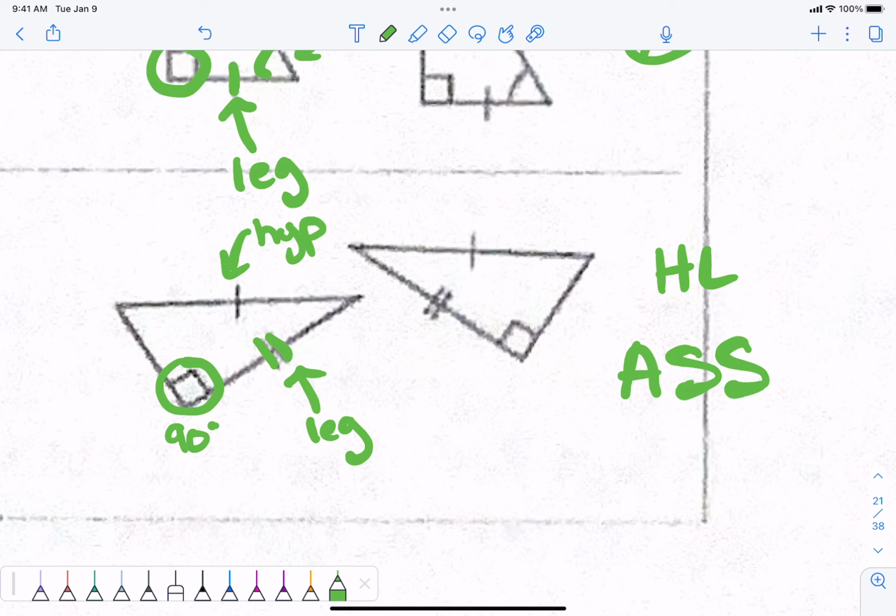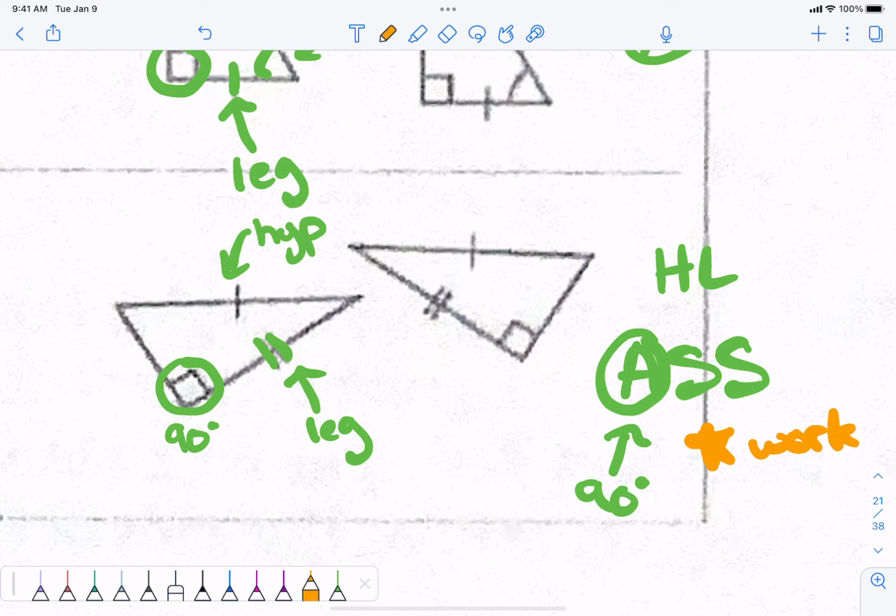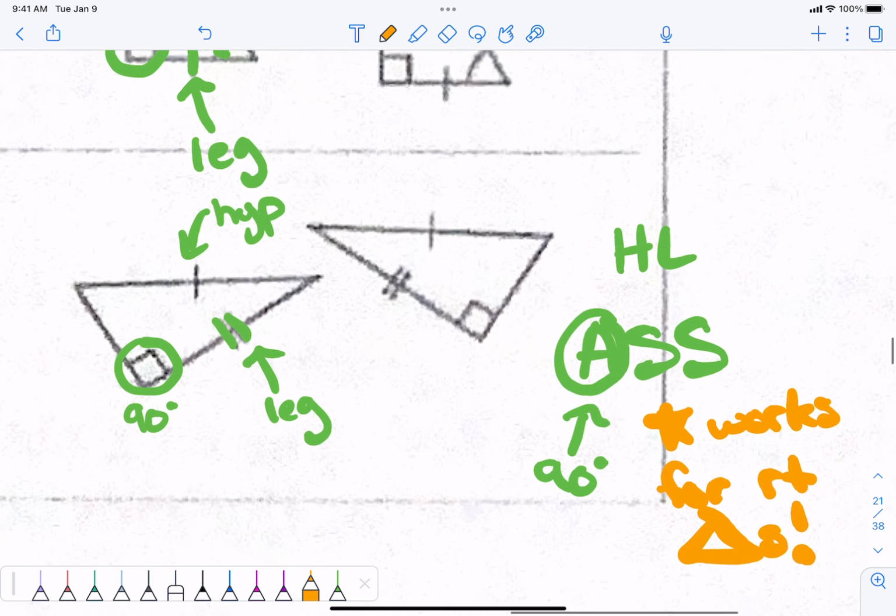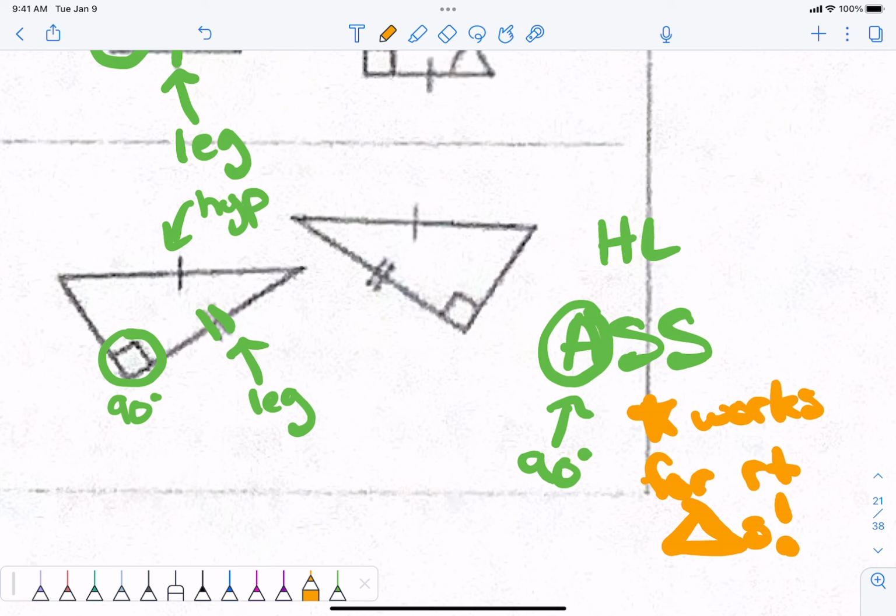I told you angle side side doesn't work, but it only works for a right triangle. So, haha, we get to use it. It works for right triangles. It does, it does. They just call it hypotenuse leg rather than angle side side. Okay? Good? Happy with that?